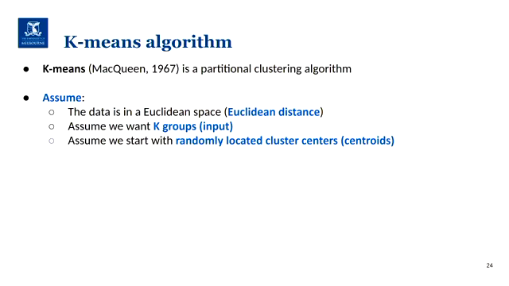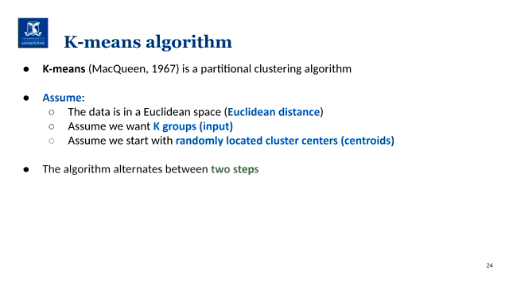And also, let's assume to start off with that the k groups will be randomly located and centered on cluster centers, which are centroids. So basically, this is the initiation step for k-means. Let's randomly select k centroids, okay?